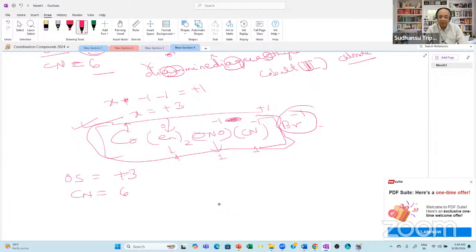Then who can name it? Write down the name. You have to arrange the ligands in alphabetic order, whether it is cationic or anionic.